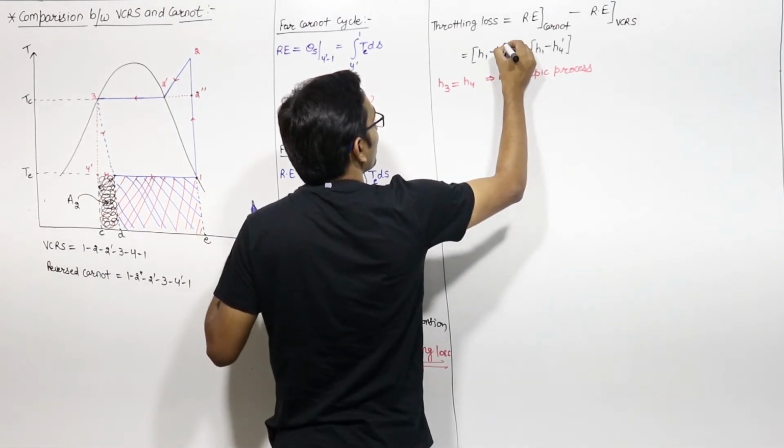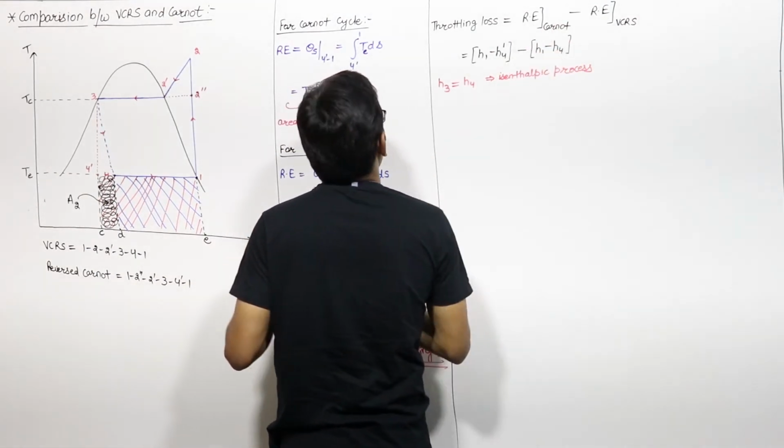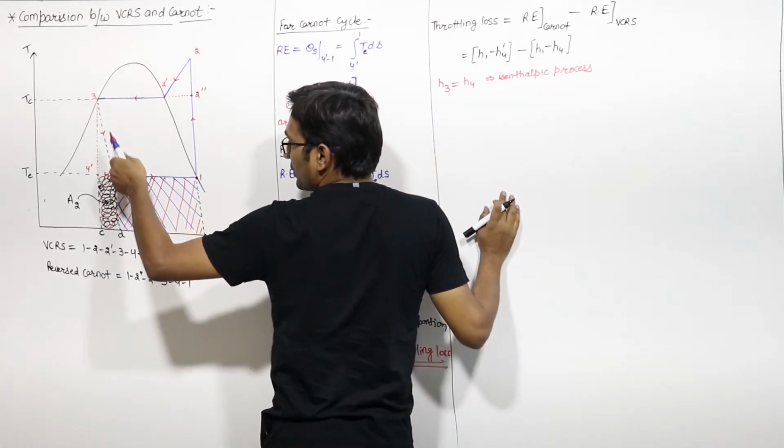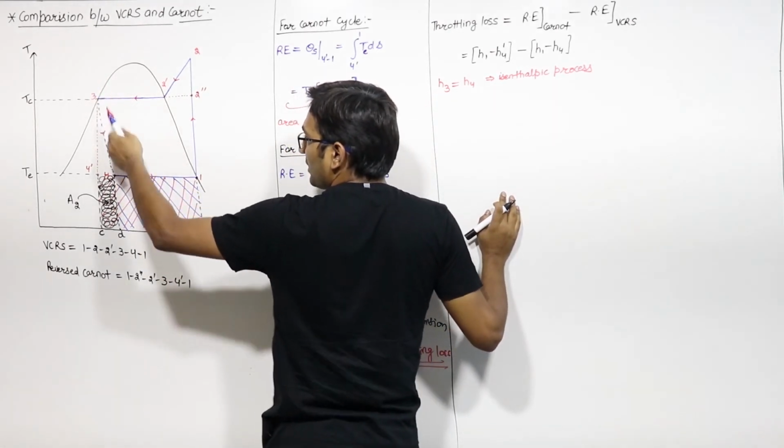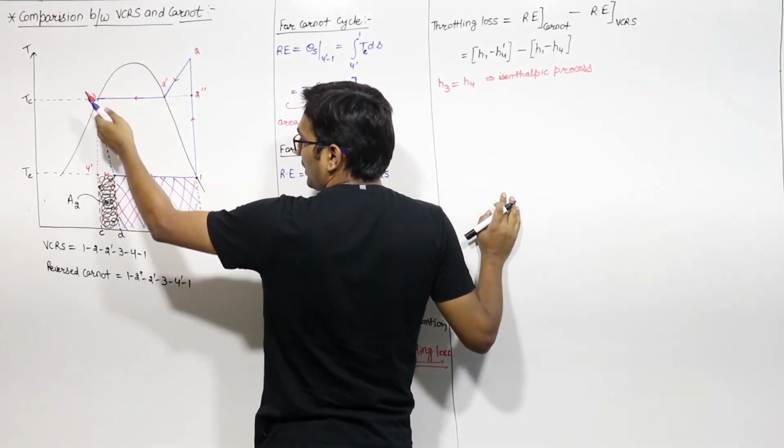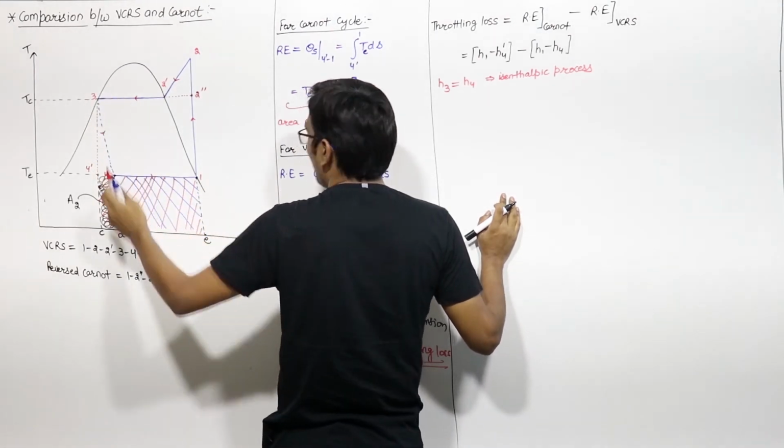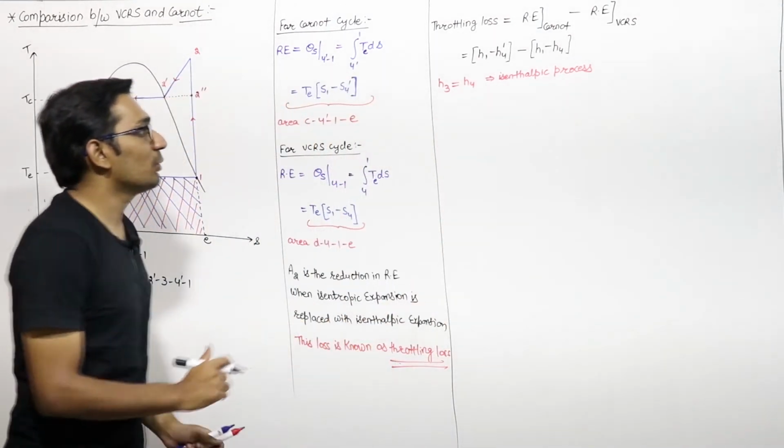This is 4 dash, this is 4. So H3 is equal to H4 dash because this process is a throttling process, isenthalpic, and enthalpy will remain constant.